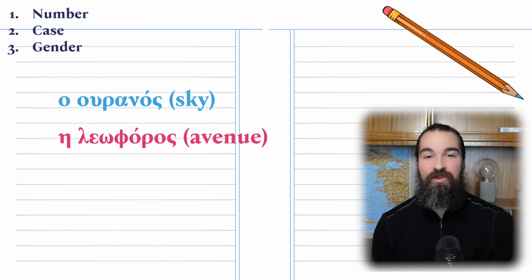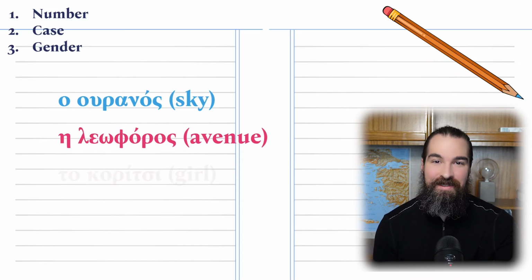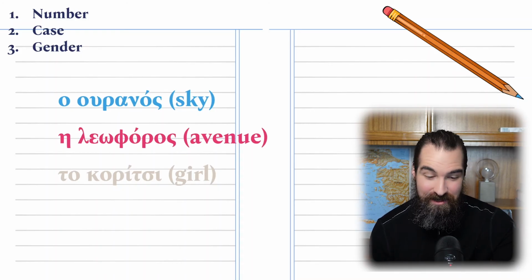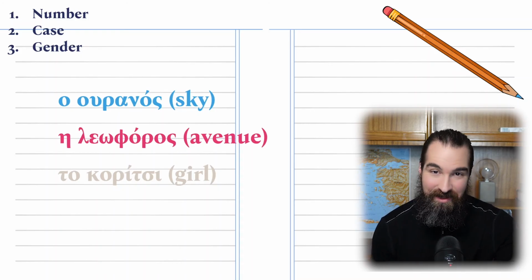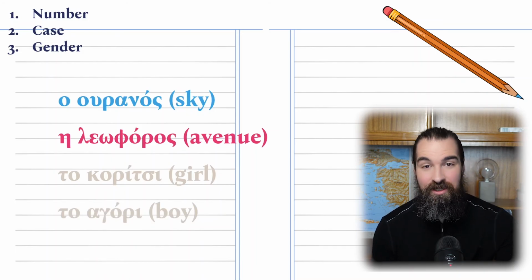Number 3, we had the word for girl, koritsi. What's the word for girl? What gender is that? It's neuter, to koritsi. And then for agori, the boy, also neuter, to agori.